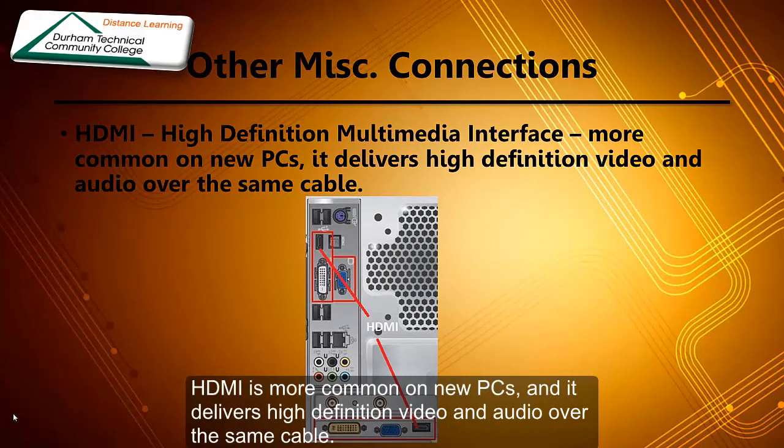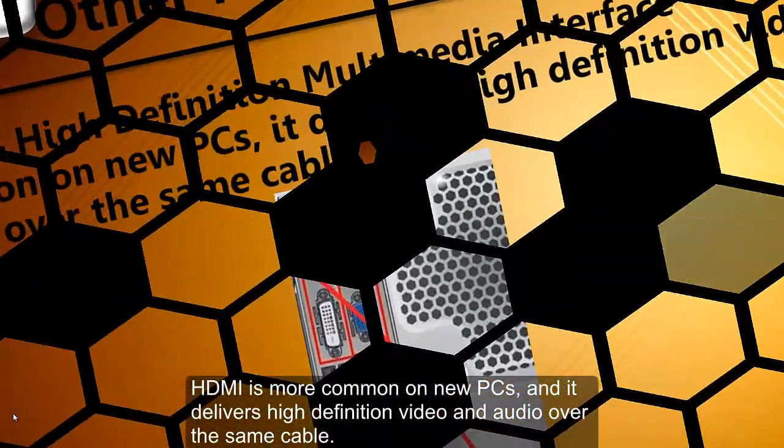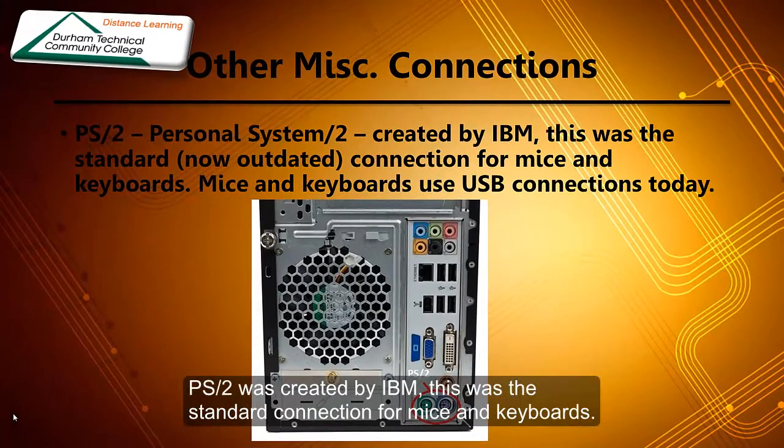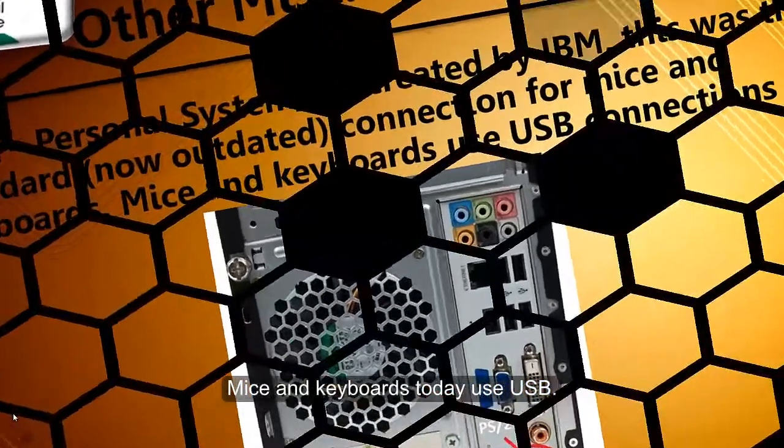HDMI is more common on new PCs, and it delivers high-definition video and audio over the same cable. PS2 was created by IBM. This was the standard connection for mice and keyboards. Mice and keyboards today use USB.